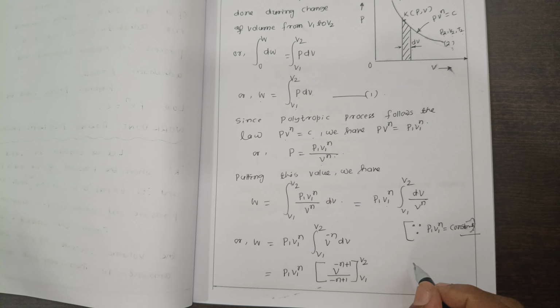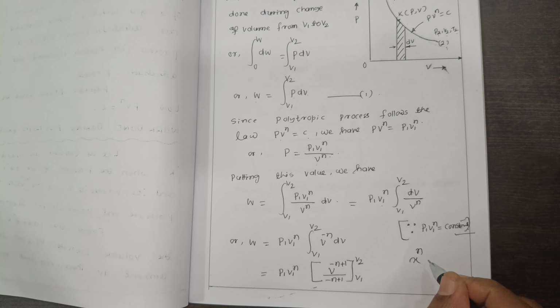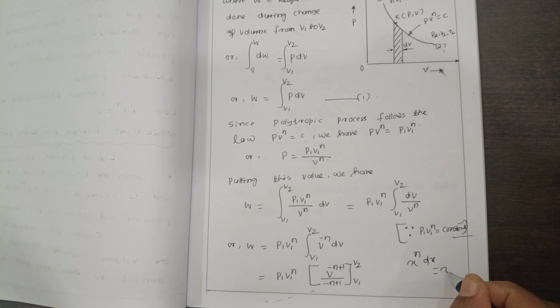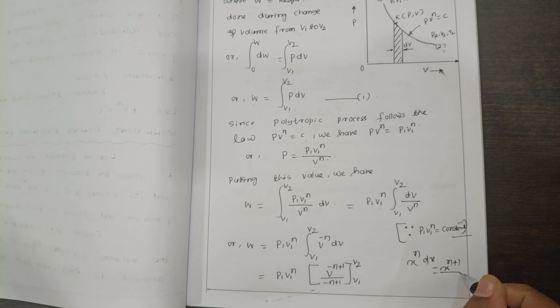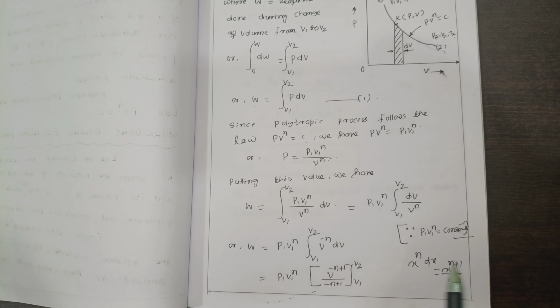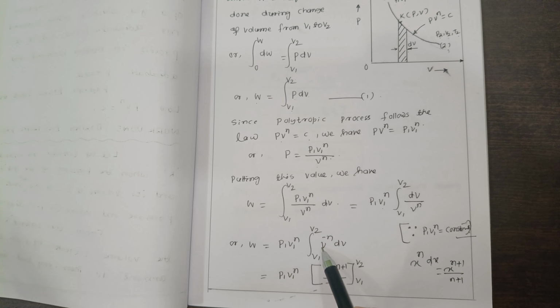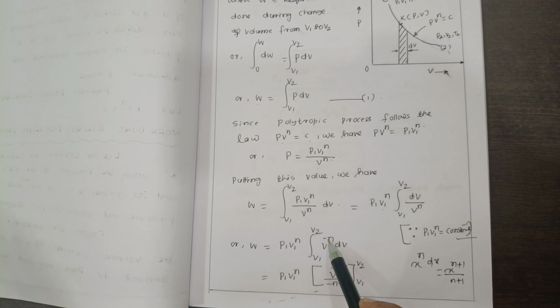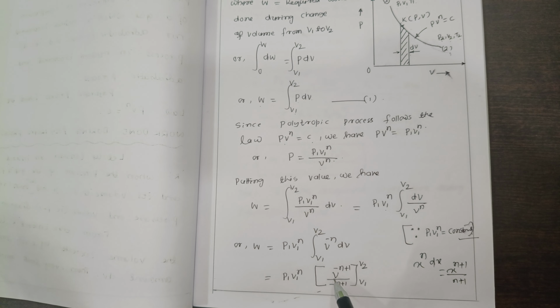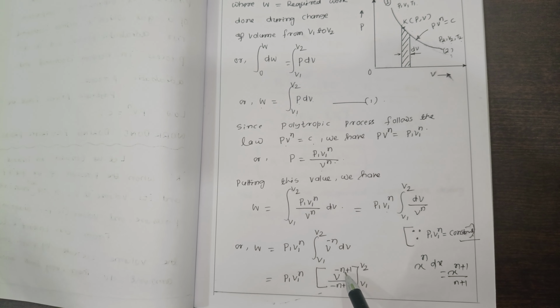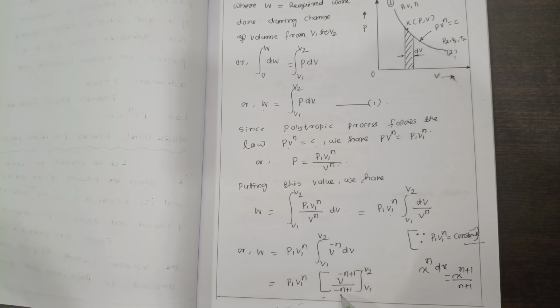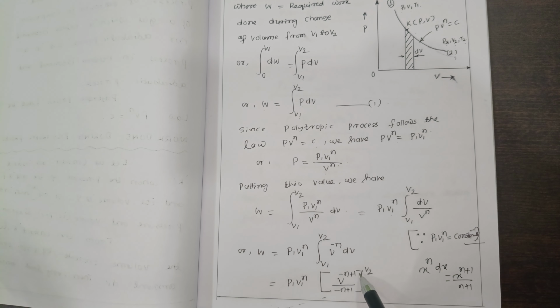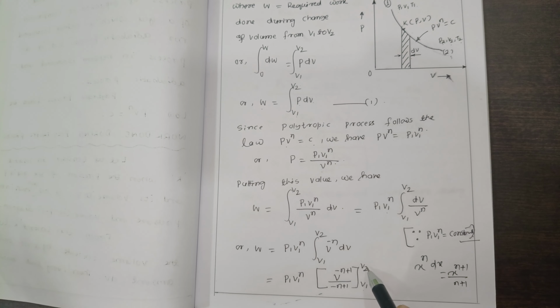We know that integration of x to the power n dx is equal to x to the power n plus 1 by n plus 1. Similarly, integration of V to the power minus n dV is equal to V to the power minus n plus 1 divided by minus n plus 1 with the limit V1 to V2.